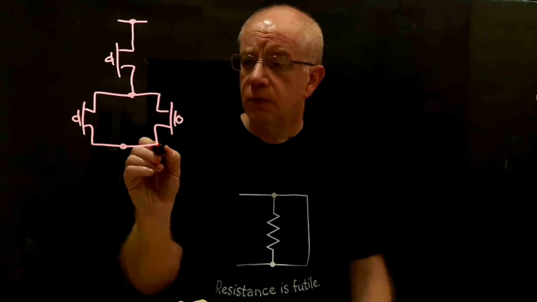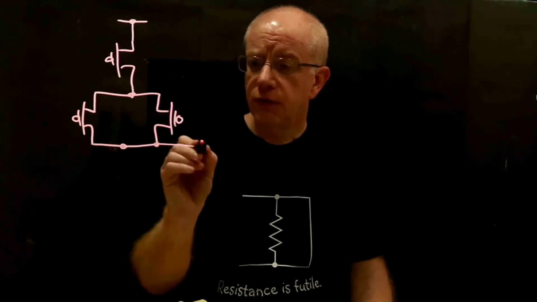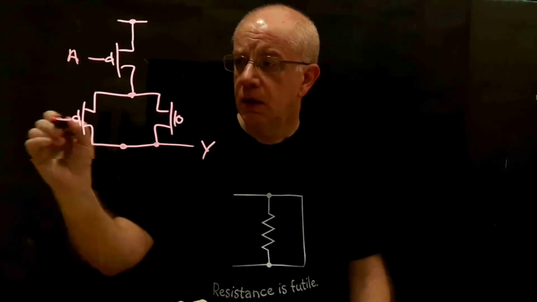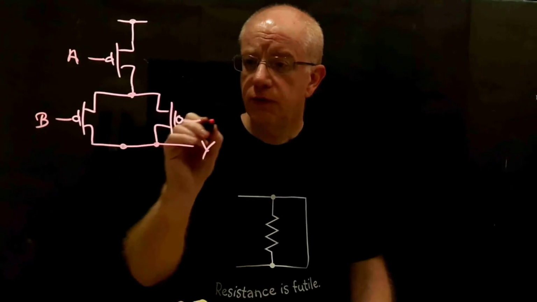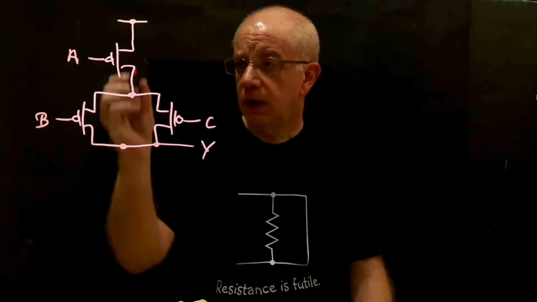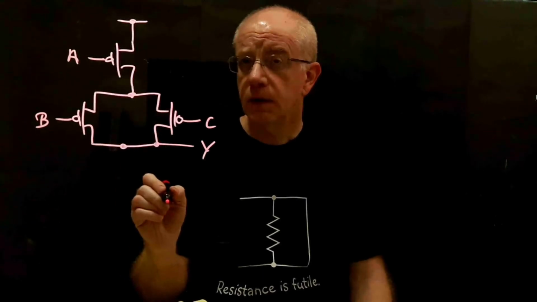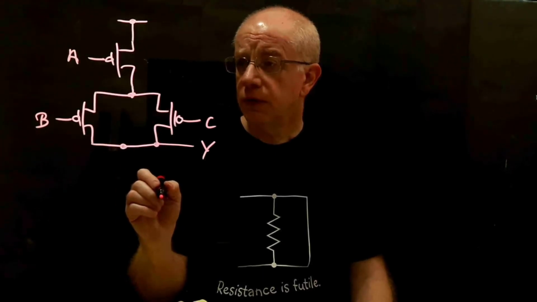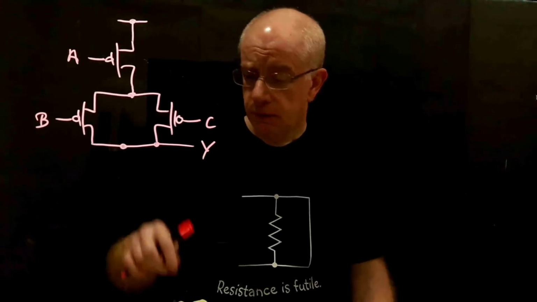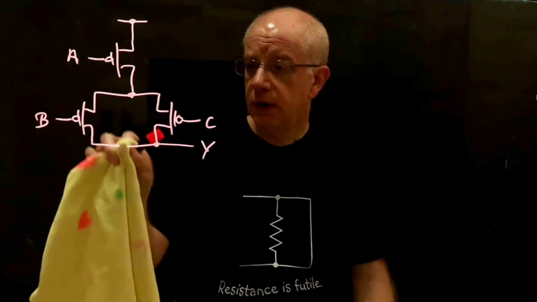And so if we wanted to, we could synthesize. So this is our output Y. And we could call this, let's say, A, B, and C. And then to synthesize the pull-down network, we've got 2 things in series. And so that will correspond to 2 things in parallel.